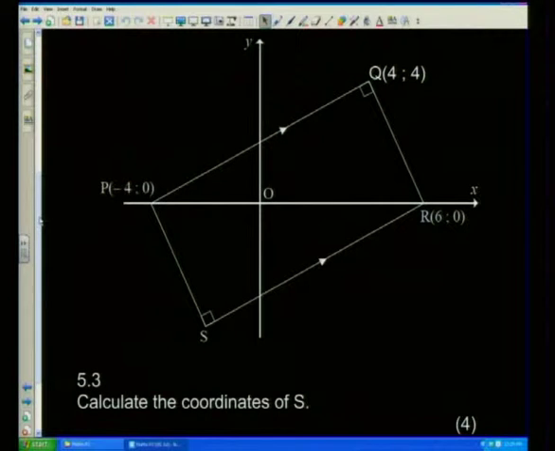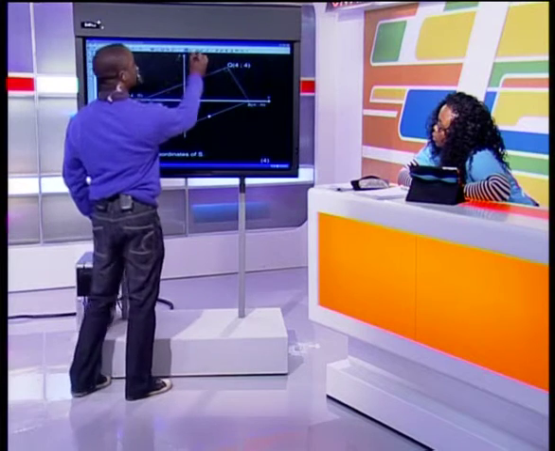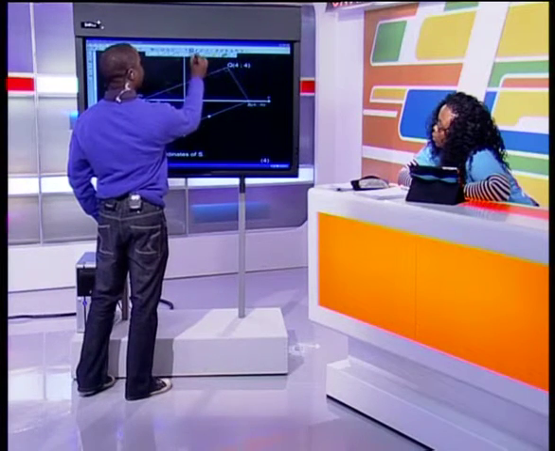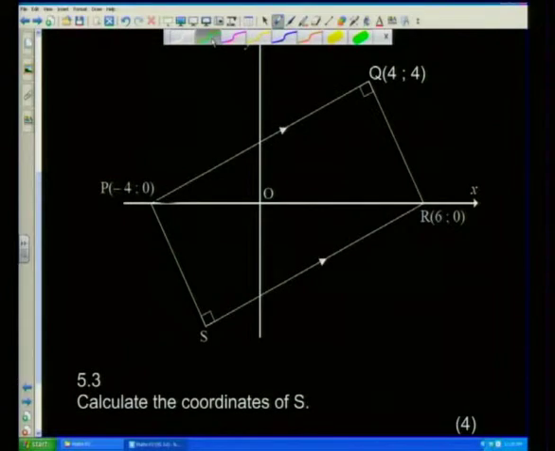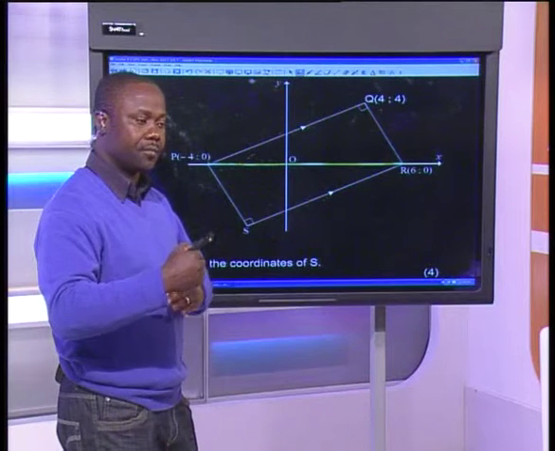I said earlier on, if you picked up that the diagonal of a rectangle basically bisects your rectangle into two equal areas.